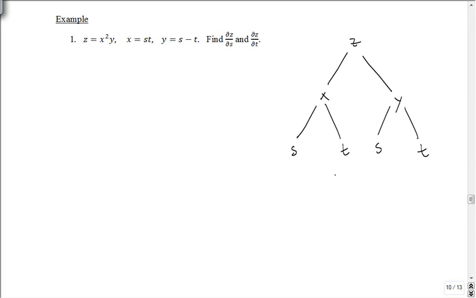And then put all your partials in there. Partial z, partial x, partial z, partial y, partial x, partial s, partial x, partial t, partial y, partial s, partial y, partial t. Okay, so now let's calculate all the partials, then we'll put everything together.